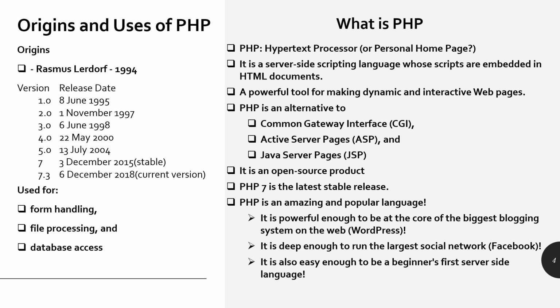Now let's see why we are using it. What is the main use of PHP? It is mainly used for form handling, file processing, database access and all. But anyway, we are very sure that it is used for developing web pages, that is dynamic web pages, using the common gateway interface.